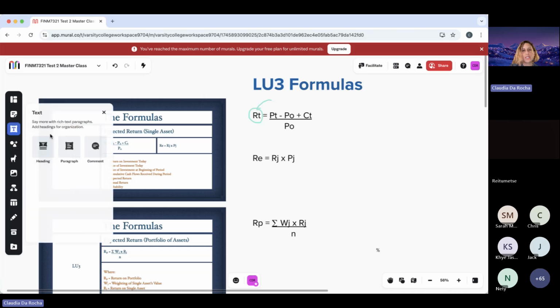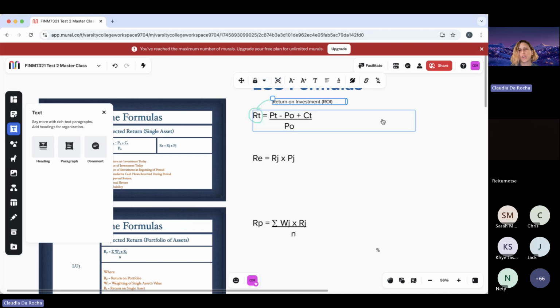So if you see anything where they say to you return on investment, you know that that's also what they're talking about. There are other formulas that represent return on investment, but for your specific purposes and for learning unit 3, it is just this formula. So don't worry about any other return on investment formulas that you may know.